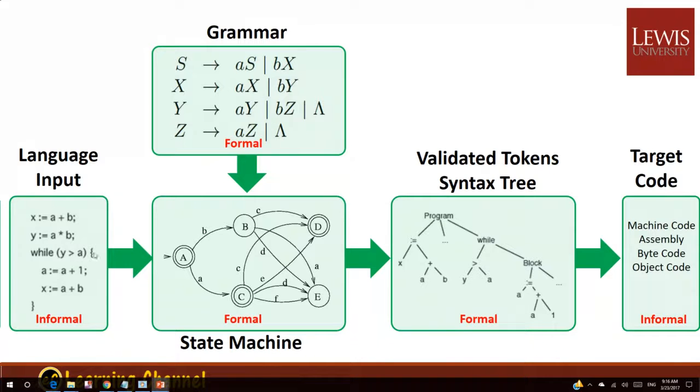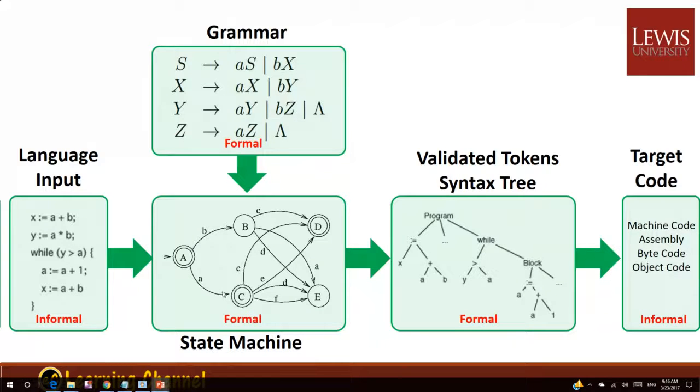But this kind of informal language will be verified by a state machine. And that state machine is generated from a set of grammar. This set of grammar is in formal language, usually BNF, regular expression, and maybe context-free grammar. Then we use those grammars, regular grammar or context-free grammar, to generate a finite state machine or deterministic finite state machine.